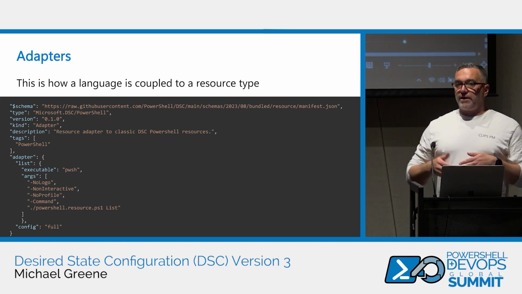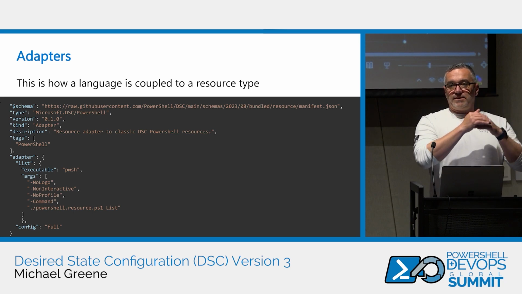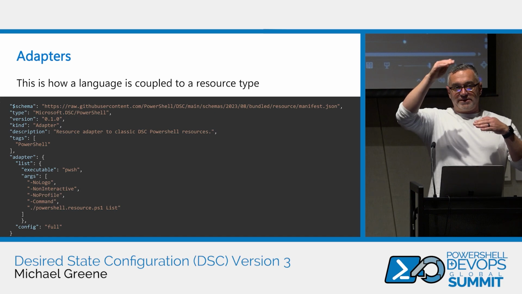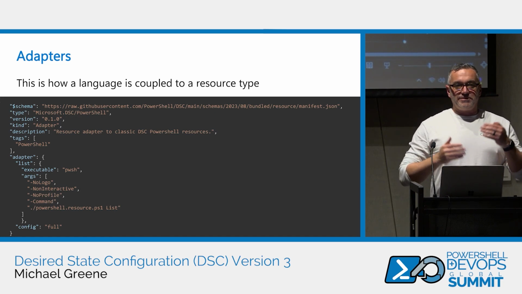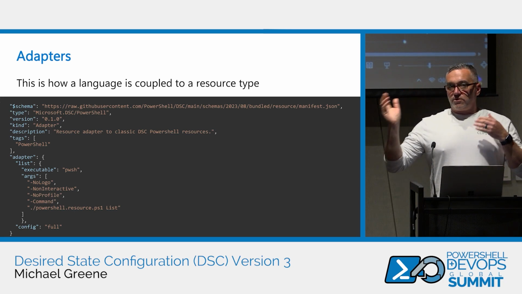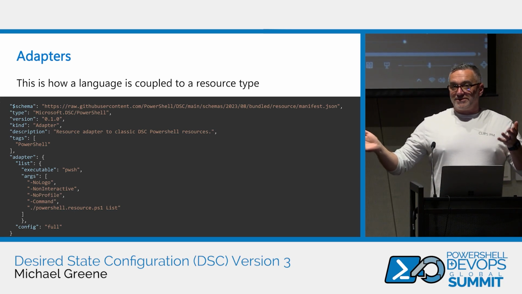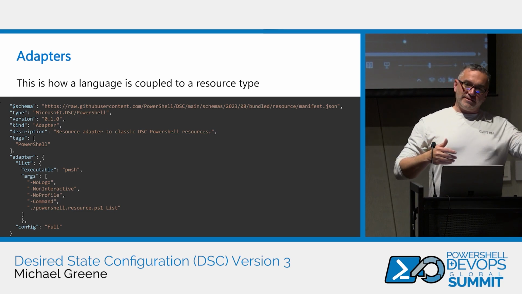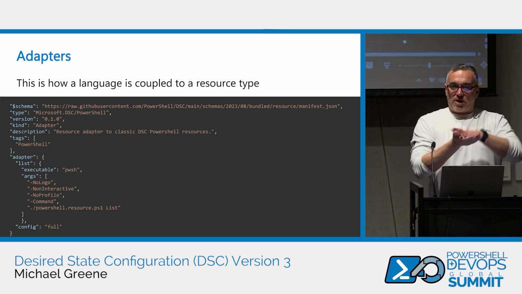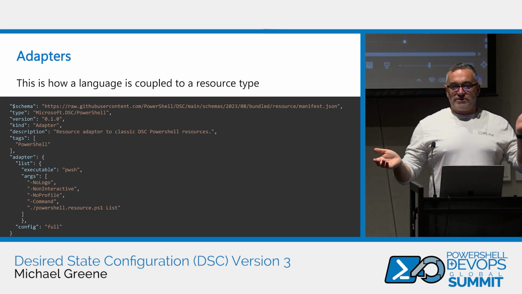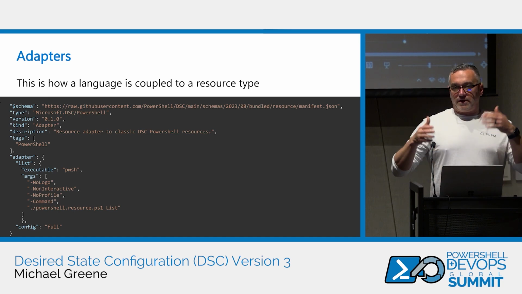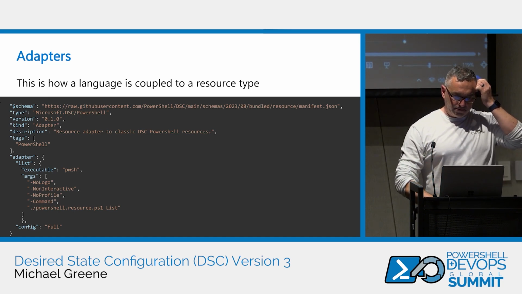That PS1 file is just a script that has, what you'll see in v3, in addition to get, set, test, we also have list, validate, and export, which we'll get into. But list is the operation that says, I want to return all the things that this thing knows, so guess what it runs? Get-DscResource. If it runs it in 7, you get one list, and if it runs it in 5, you get a different list. We control that by looking at the properties of the module that says, what editions of PowerShell do you support? So there's all kinds of things that we can do to build upon this and make it super, super powerful.